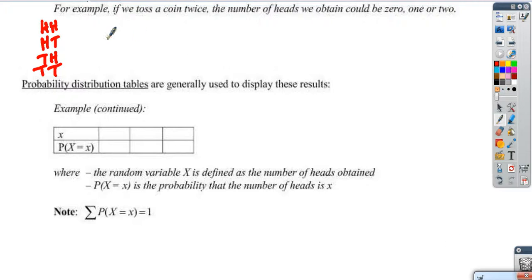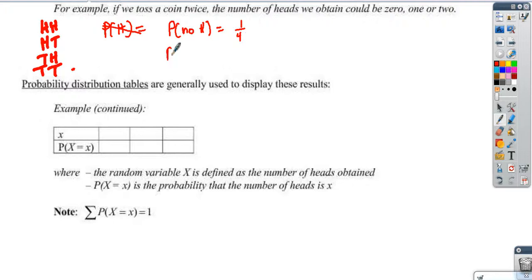So if I look at the probabilities here, and I'm just focusing on heads, the probability of no head is, if I look at this list, if I don't get any head at all, that's only this outcome here. So that would be 1/4.